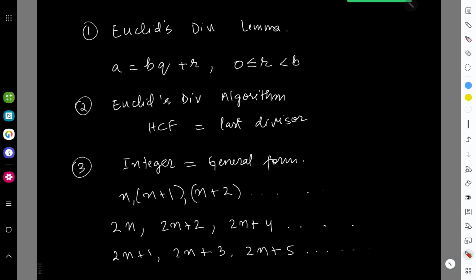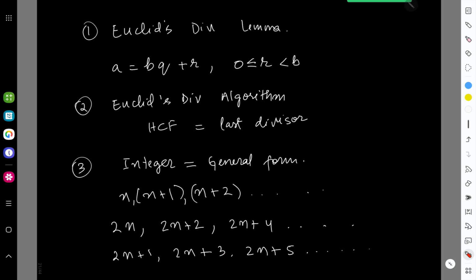These are all consecutive integers. And whenever we want to express consecutive even integers, then we will use 2n, 2n plus 2, 2n plus 4. And for odd consecutive integers, 2n plus 1, 2n plus 3, 2n plus 5.